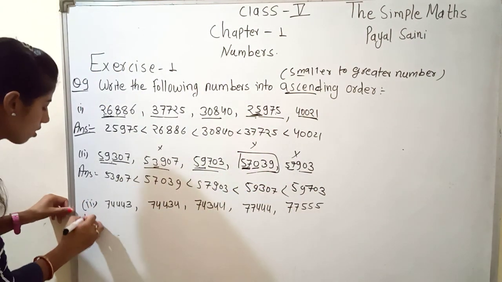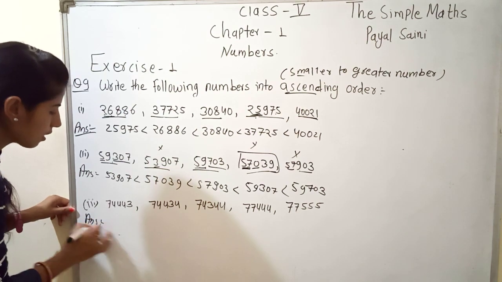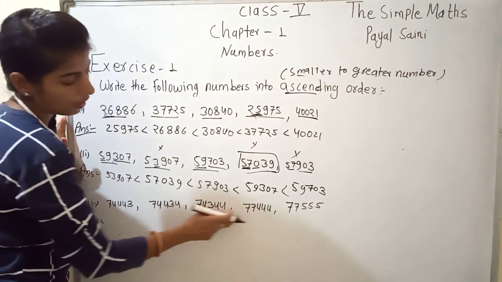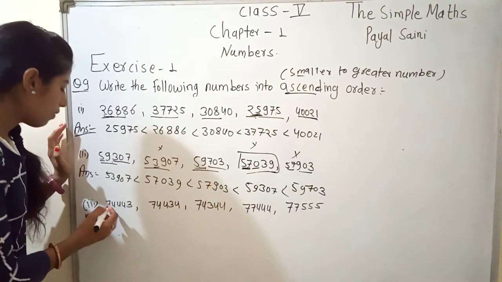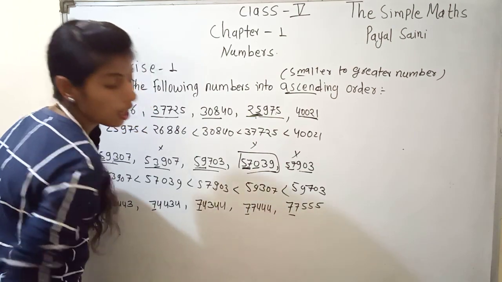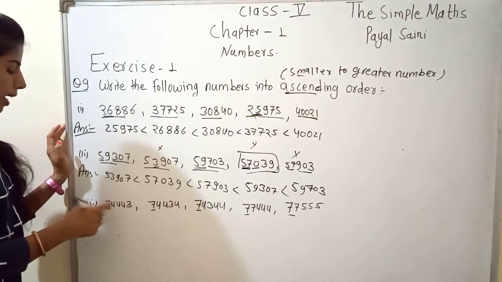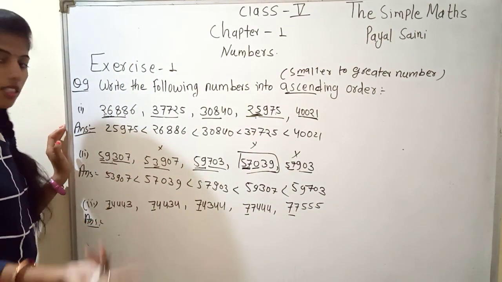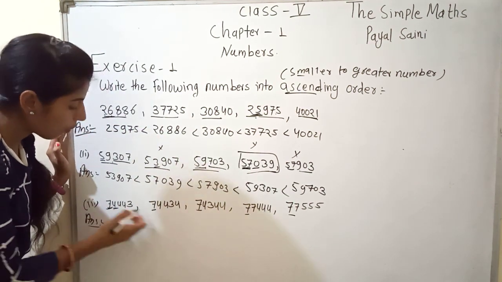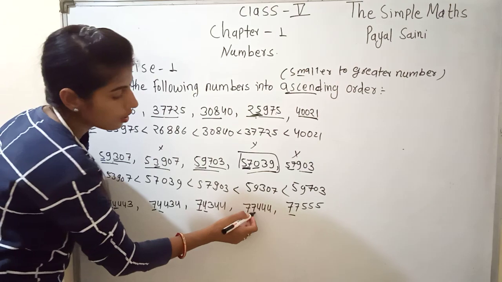In the last we can see here, first we count, here is also 5 digit, 5, 5, 5 and 5. After that we made, here is 7, 7, 7, 7, 7. By the first digit we don't understand which is the greatest and smallest. Next, by the second digit, here is 4, 4, 4, 7, 7.